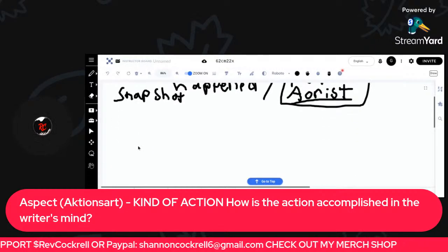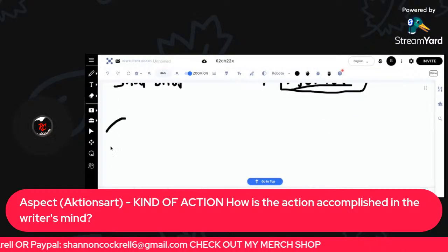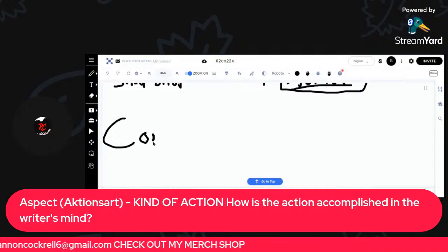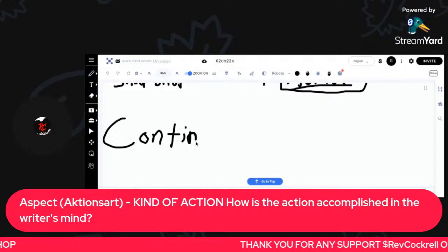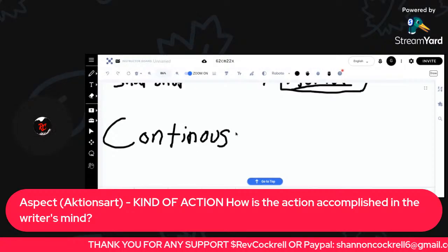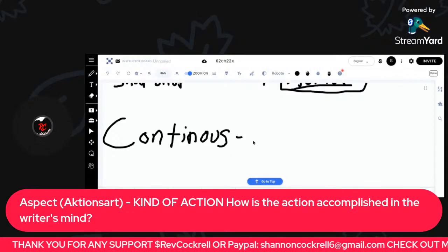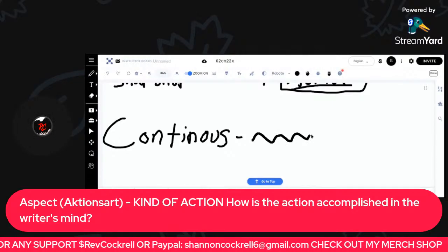Then you have continuous aspect. And this is, the action is ongoing.